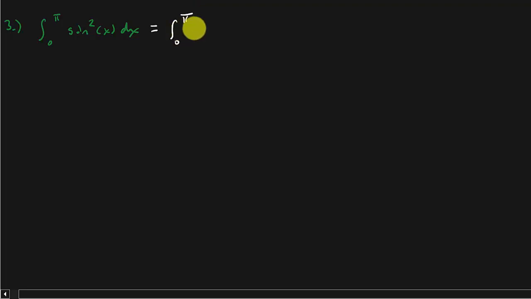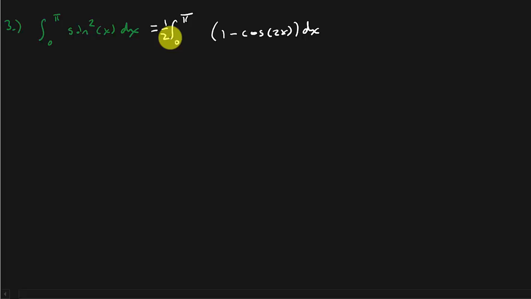It was 1/2 times 1 minus cosine 2x dx. And what I'm going to do with that 1/2 is take it and write it outside the integral sign. And so now we just integrate each one. Hopefully to this point you know what the antiderivative of cosine 2x is.